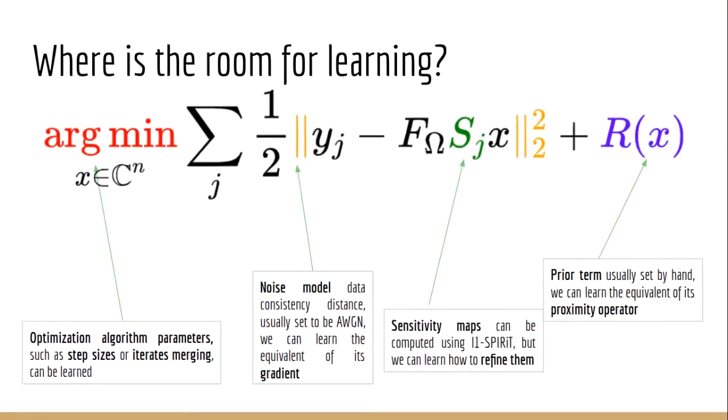All of these are really good, but they're not completely well suited to the data at hand. And we're going to see how we can learn this prior term, not by learning it directly, but by learning the equivalent of the proximity operator of R.